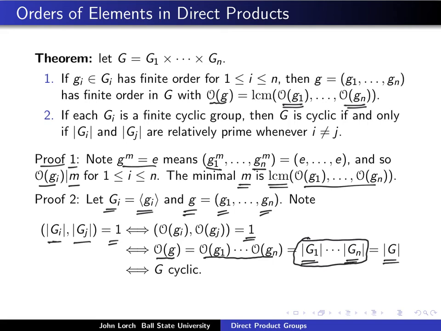Well, we've shown that the order of this little g is equal to the order of the group. And that means that the powers of little g must exhaust every element in capital G. And that implies that G is cyclic. Now, this argument can be reversed to give the if and only if portion.